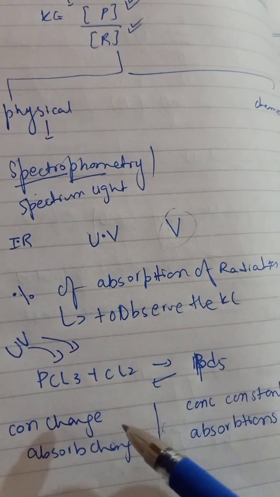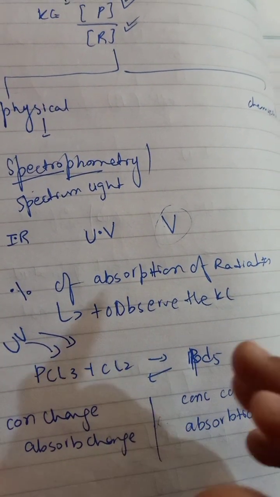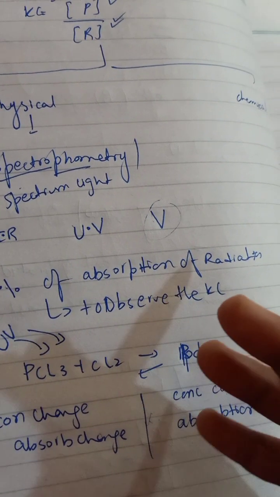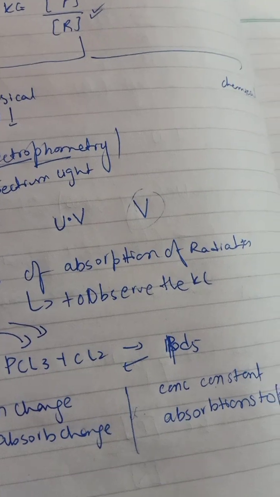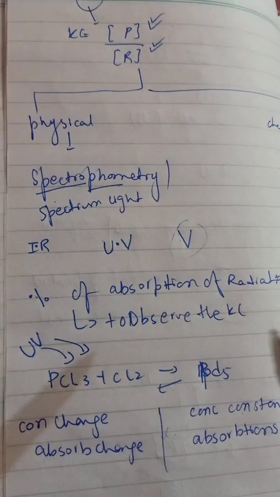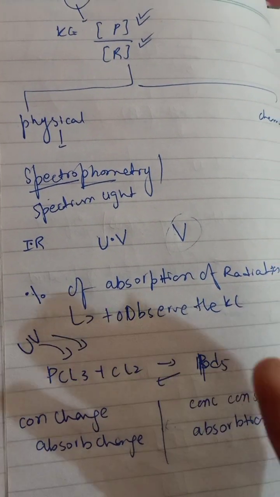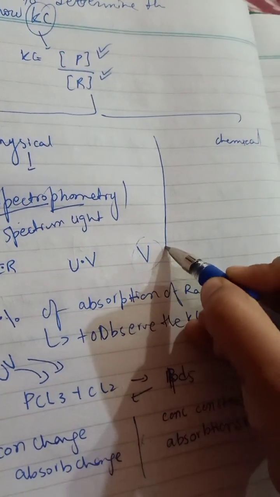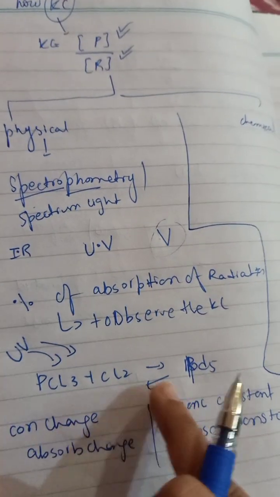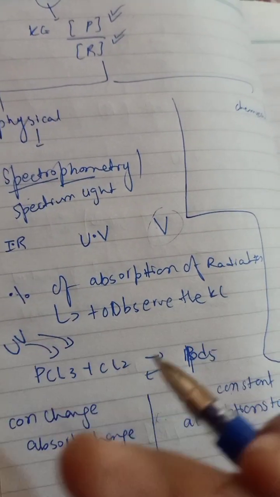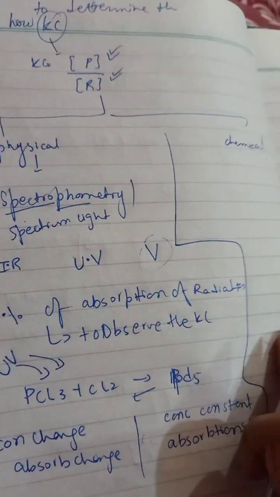So this is the percentage of absorption of the radiation to observe the Kc, whether the reaction has become constant or the concentration is still changing. Just by that method you will easily determine whether the concentration is at the equilibrium state or at the variable state.